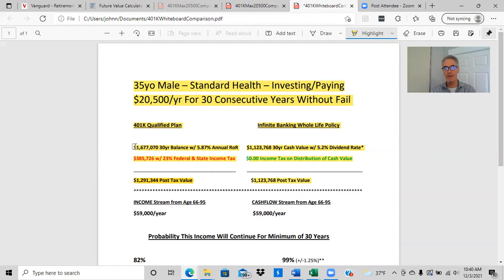We saw this number in the calculator that I just showed, this 1.6+ million over a 30-year period at 5.87%.